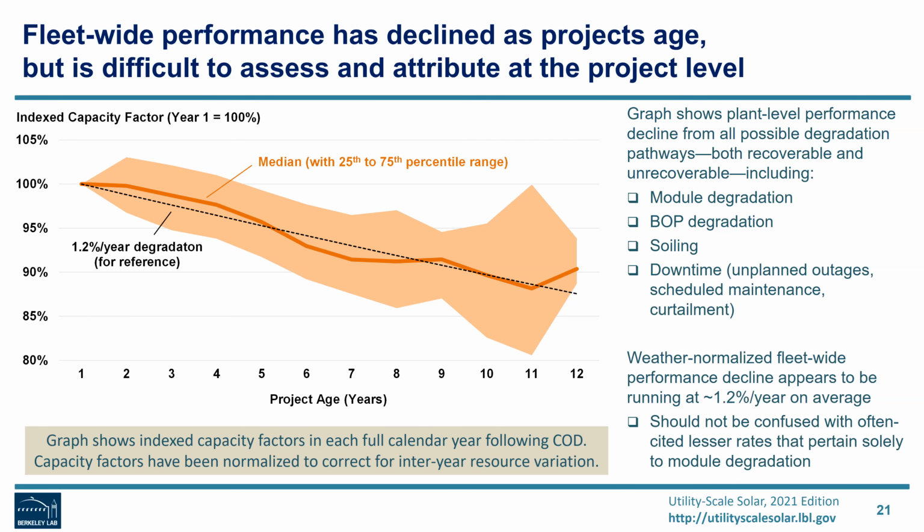A lot of studies that look at this kind of thing try to filter out degradation that is considered recoverable through, for example, more stringent O&M protocols. Unfortunately, the resolution of our data is not good enough to enable us to filter out those sorts of things. So this 1.2% number represents an aggregate, all-in plant level degradation number.